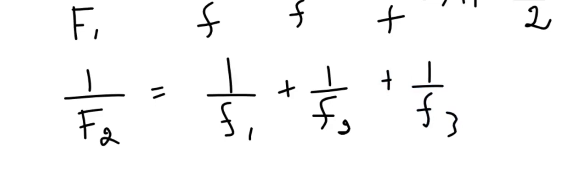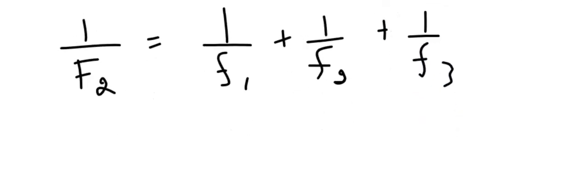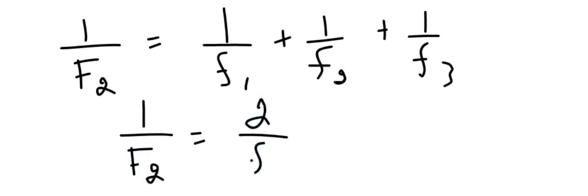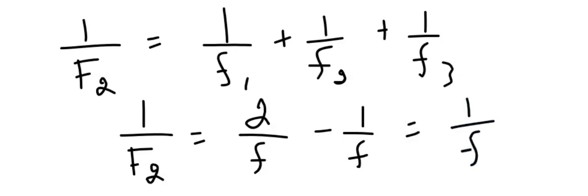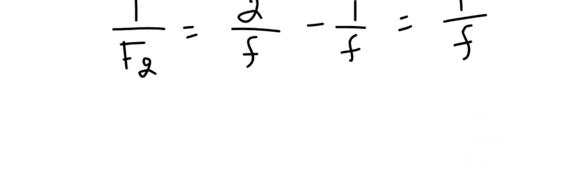But already we have found out that 1 by F1 plus 1 by F2 is nothing but 2 by F, right? So let us substitute that. So 1 by F2 is equal to 2 by F minus 1 by F, which is nothing but 1 by F. So from this we infer that F2 is equal to F.